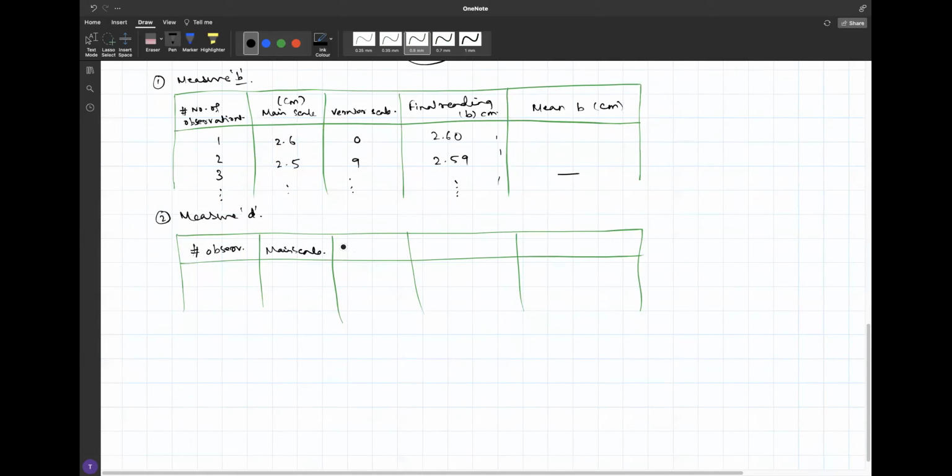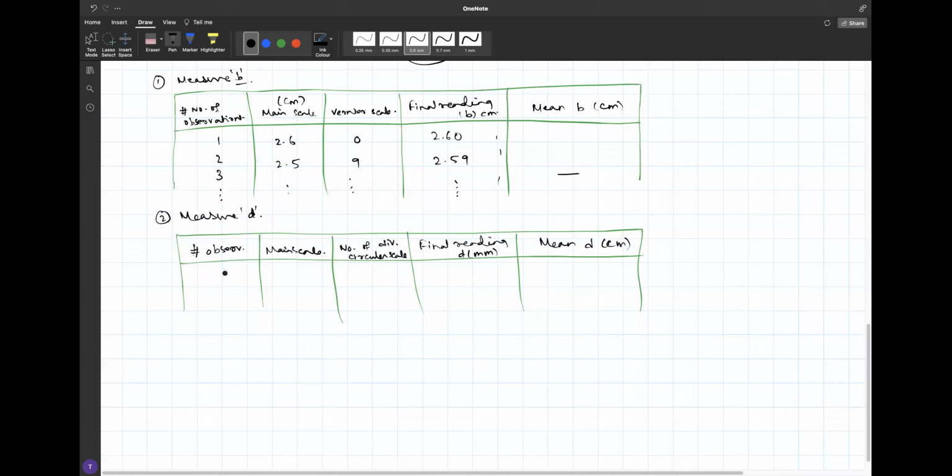Then this is the number of divisions in the circular scale. And I'm just assuming that you are acquainted with the vernier scale and the screw gauge. And then you have a final reading. Let's say in millimeter, and then you always take a mean.